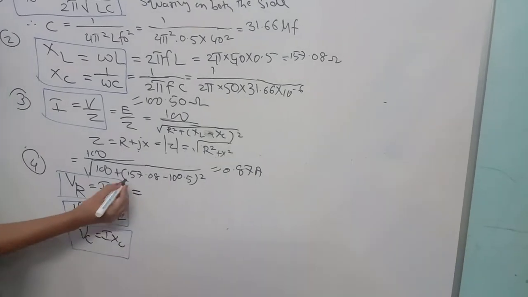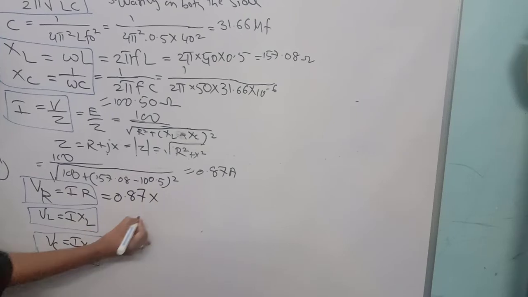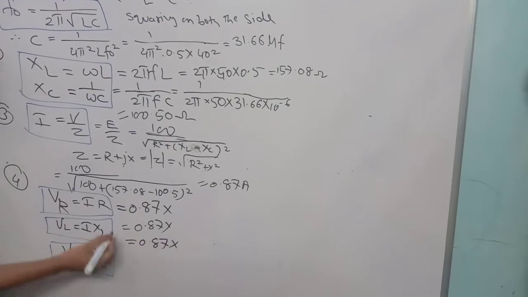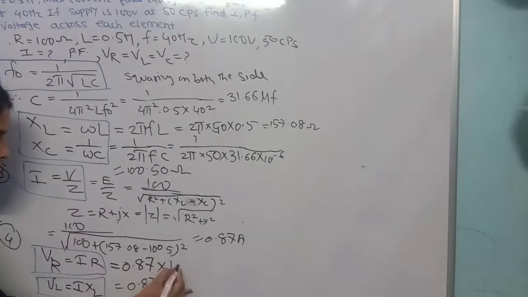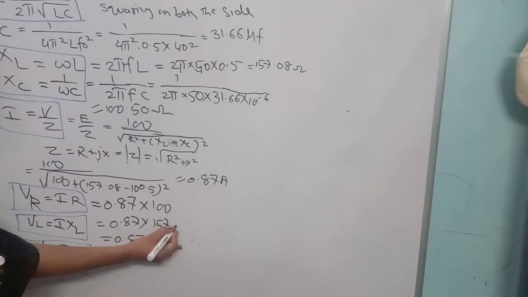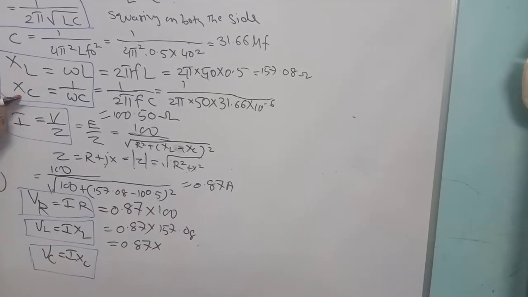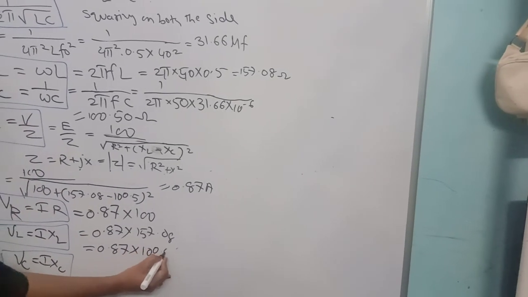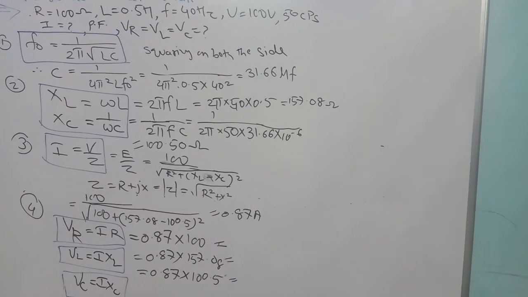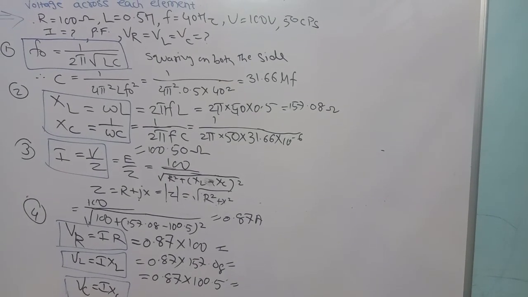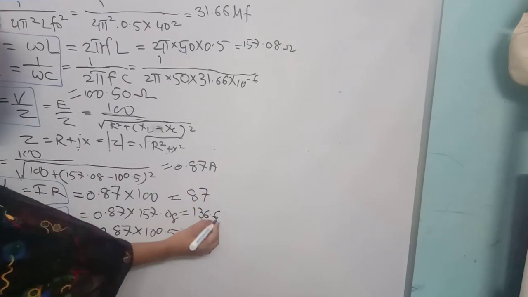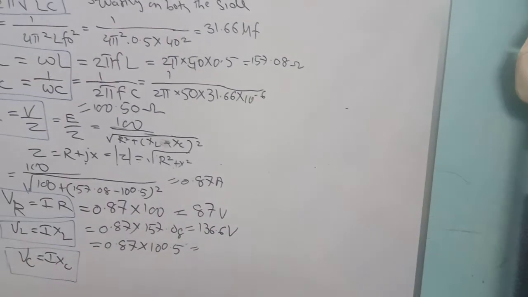Substitute the values: the current you got as 0.87, the resistor value is 100 ohm, the inductive reactance is 157.08, and the capacitive reactance is 100.5. You will get the answer with the help of the calculator. First, the voltage drop across the resistor is 87, and across the inductor is 136.6. Here these are voltages, so the unit will be the volt.